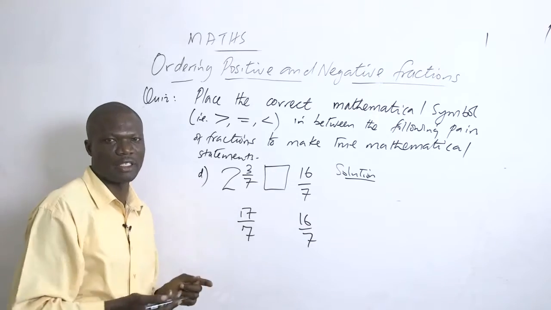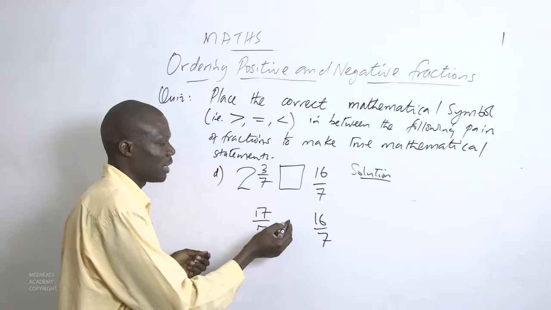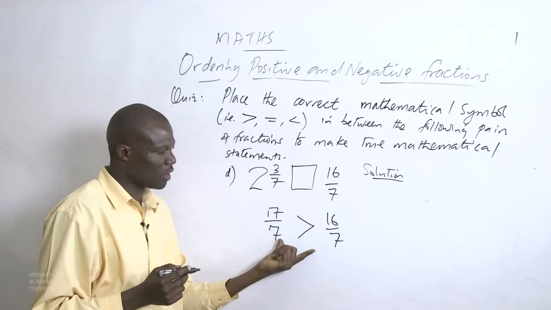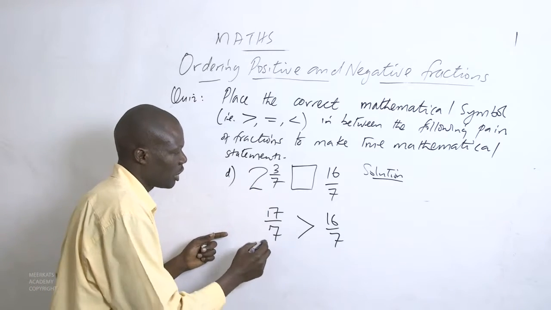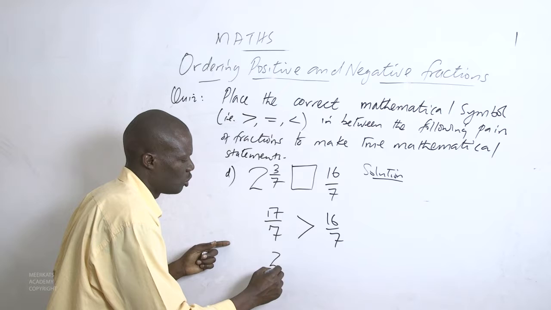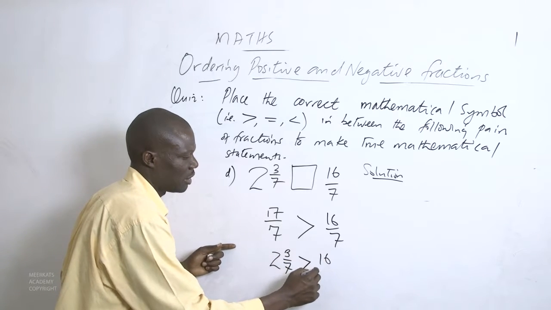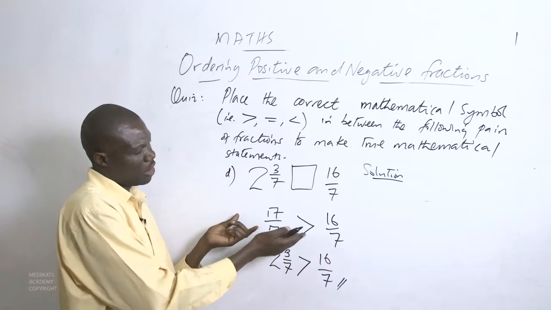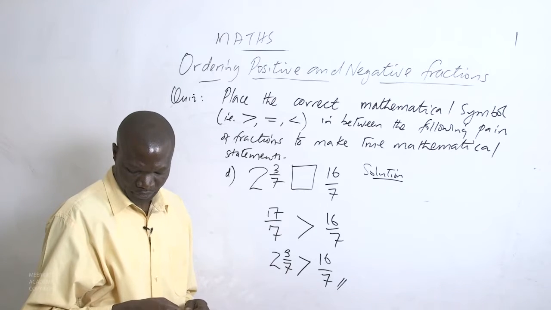The one with the highest is the greatest. So 17 is greater than 16, and that is the sign that comes there. But we don't maintain this; we rewrite the original question. Therefore, 2 and 3 over 7 is greater than 16 over 7. So we get the equivalent fraction first and then compare.